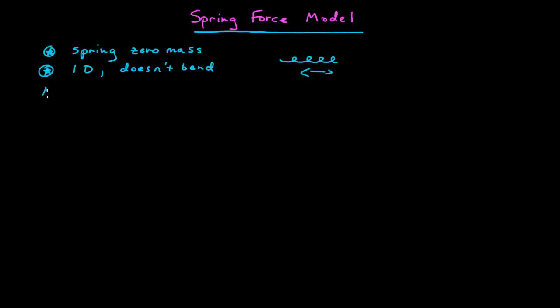Our third element of the spring force is that it doesn't break. That would be handy. And I think everyone realizes, if they've ever worked with a spring, that if you pull it too far, it stretches permanently, or it in fact breaks apart. And also, if you compress it too far, the coils come up next to each other, and you can't compress it any further without breaking it.